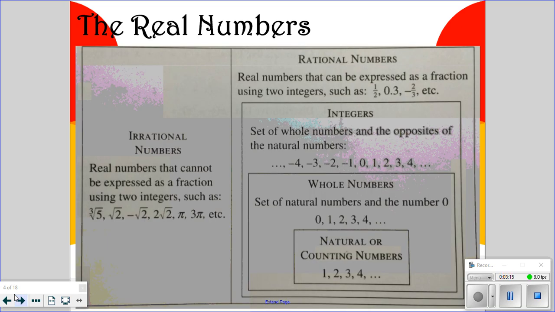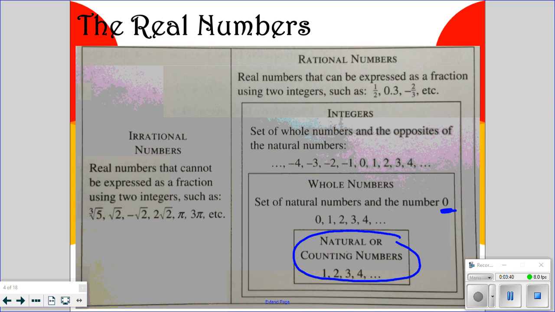So going over real numbers, the first little bitty part that we're going to start with is the natural or the counting numbers. Whenever you learned to count, you started with these: 1, 2, 3, 4, etc. That's how you started counting back in kindergarten or even before. Up from that is the whole numbers. That is the natural numbers plus this little number 0 over here.